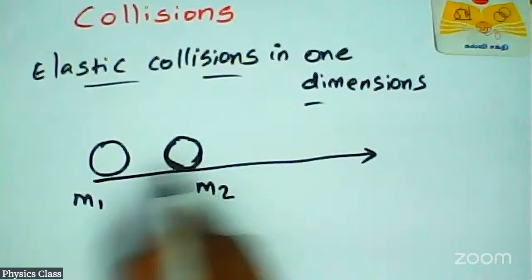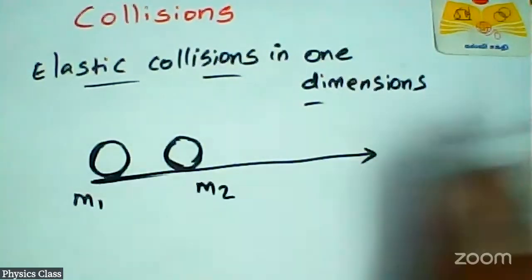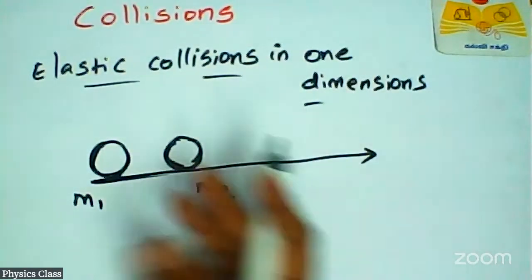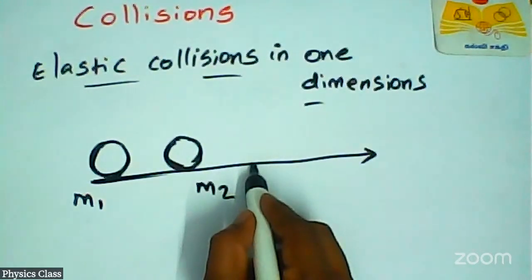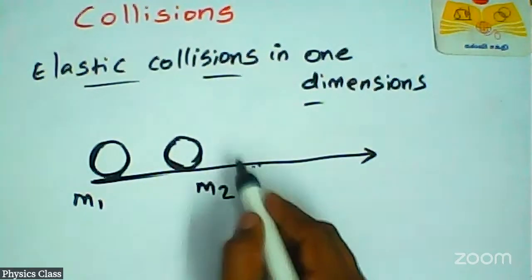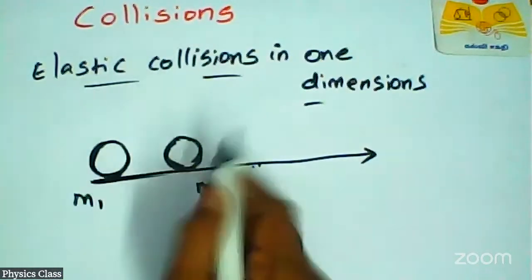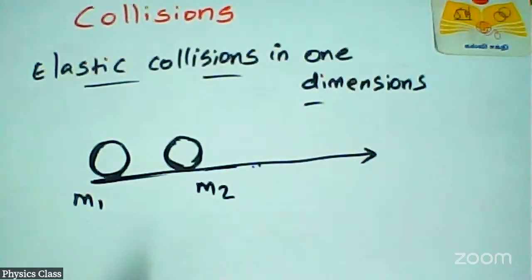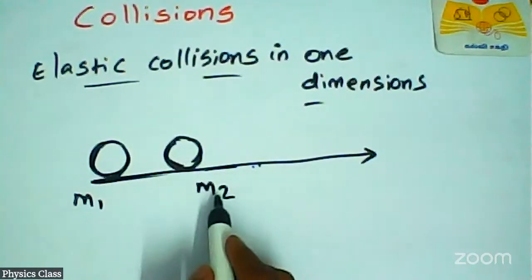Both objects are moving in this direction, along the positive x direction, on a frictionless horizontal surface, because friction includes some additional restriction. So we have to specify that it is a frictionless surface. That object has mass m1, and that object has mass m2.